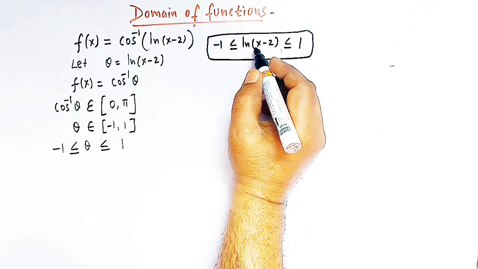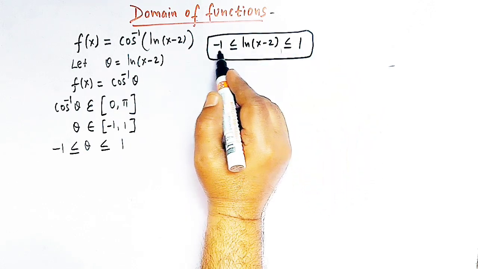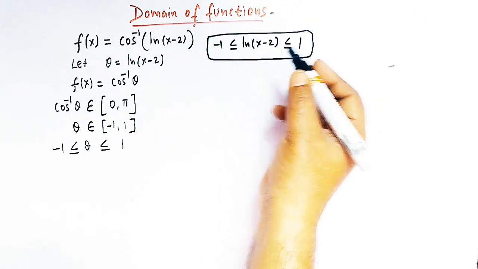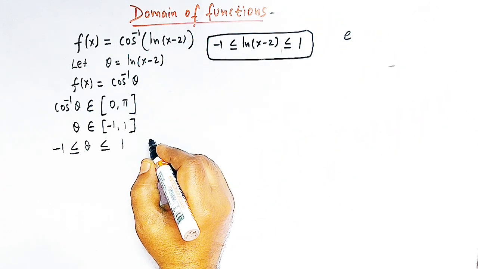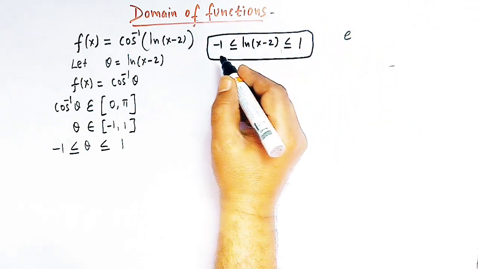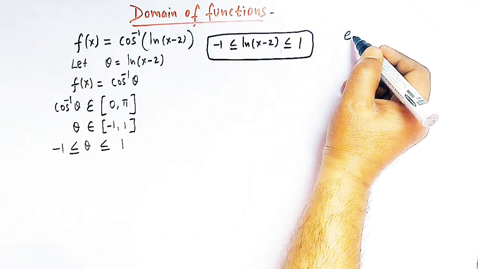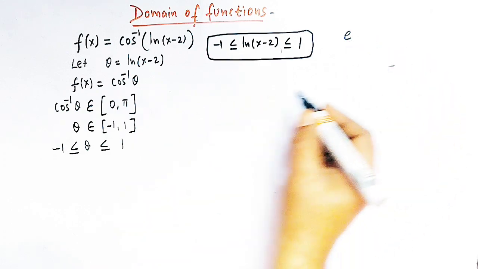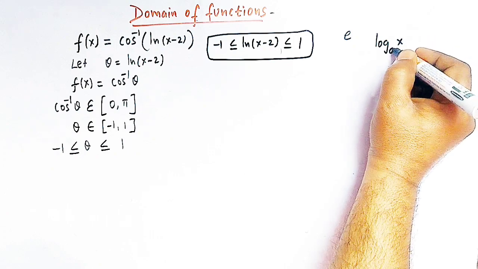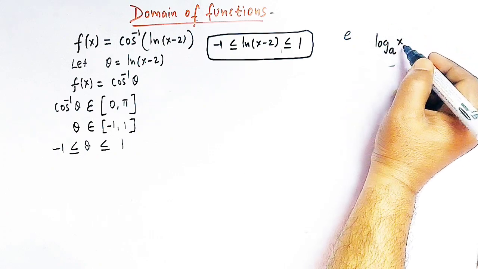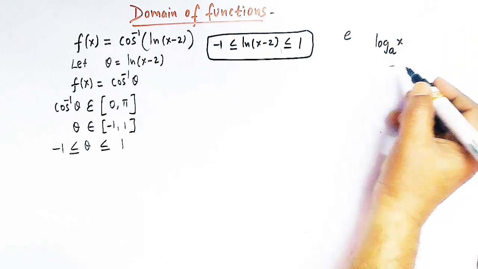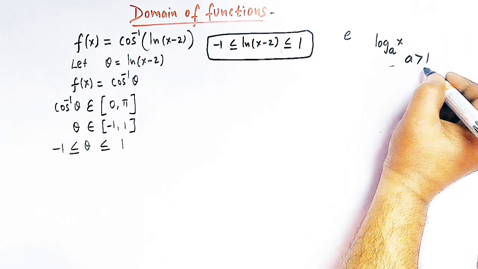And we have to solve this inequality for x, right? Okay, so now what we will do is take all these three numbers to the power of e, where e is the exponential number. So in order to solve this inequality for x, we have to raise these three numbers to the power of e. And remember, the function log x to the base a is always an increasing function for all values of x in its domain when a is greater than 1.